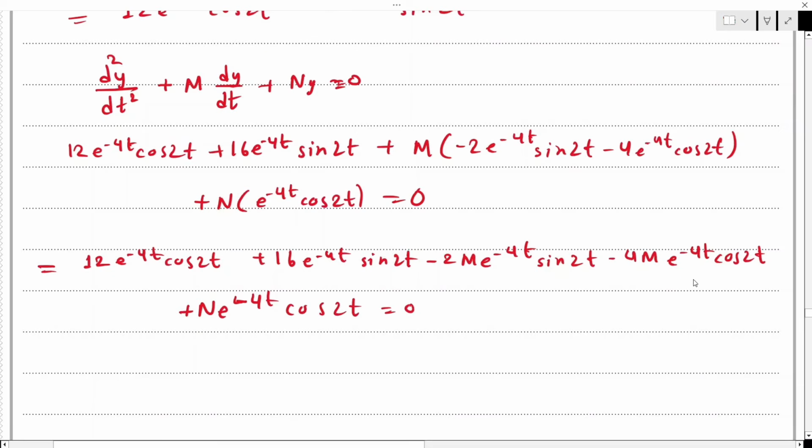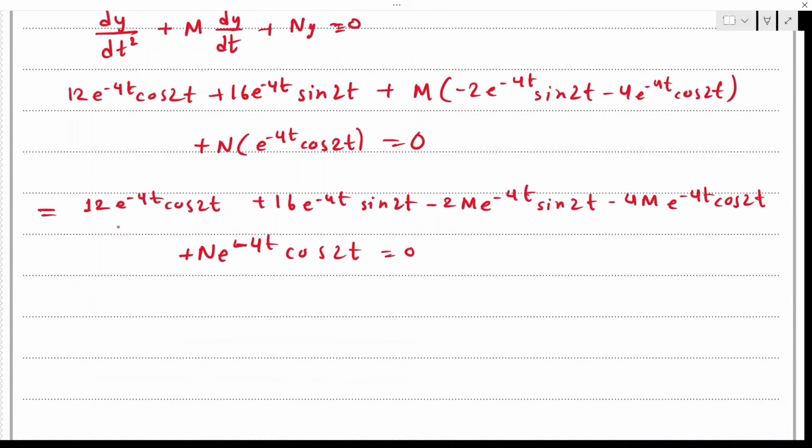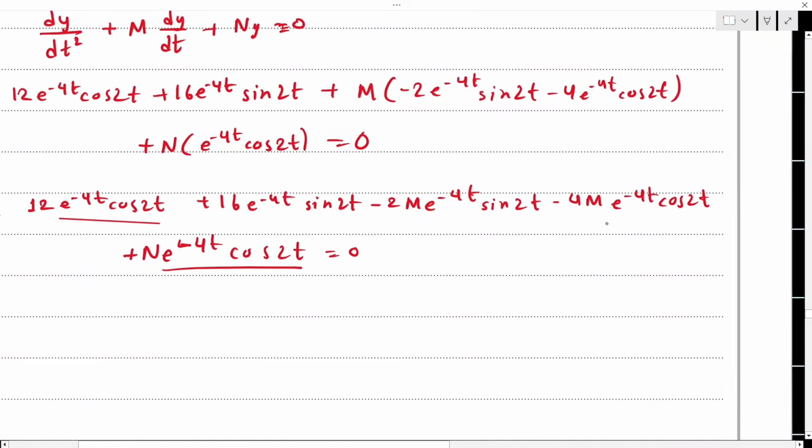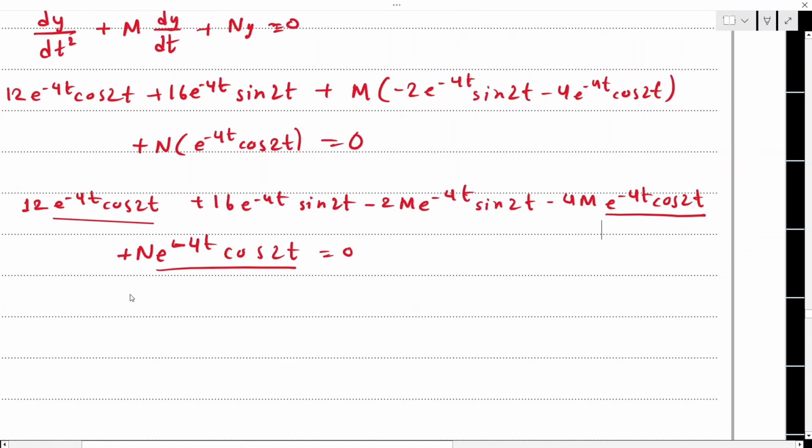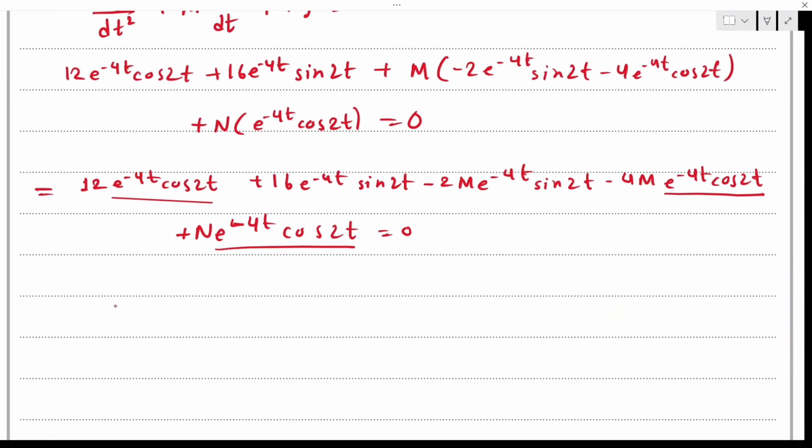I can now add all the coefficients for the same terms together. I can see that this term and this term are similar terms, so I can add the coefficients for them. So I can write that 12 minus 4m plus n, times e^(-4t) cos 2t, and I can see that this term is similar.